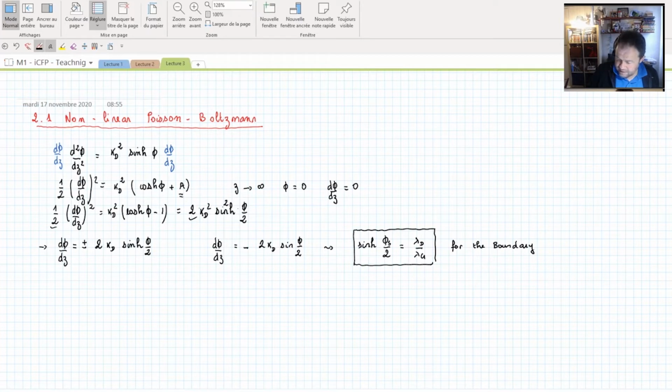Okay. So we have the boundary condition and we have this equation with the right sign.